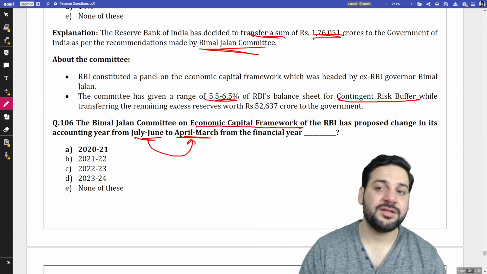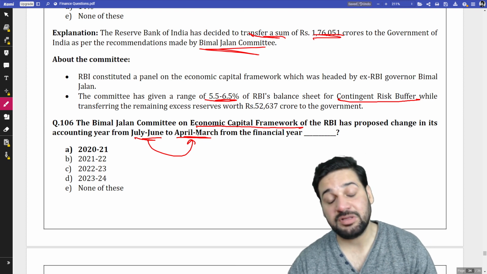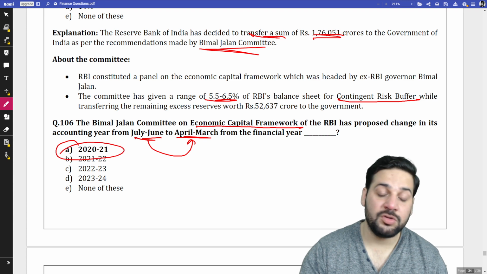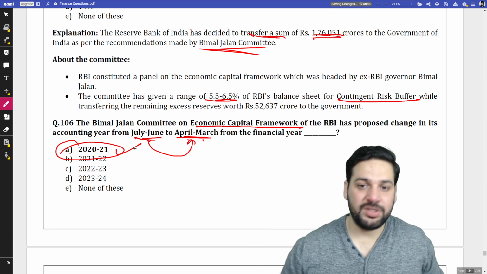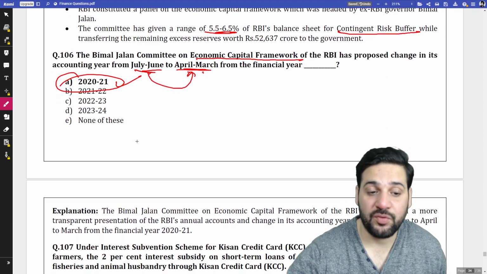That's why, for the central government's interest, the RBI is going to change its financial year from July-June to April-March. From 2020-2021, this is to be done. This would be the first April to March financial year.